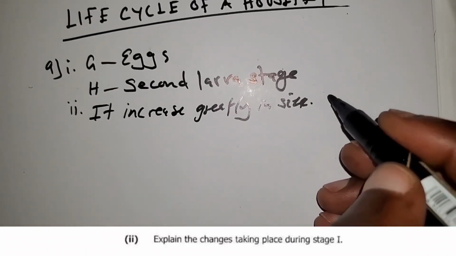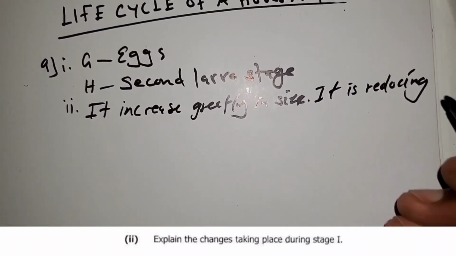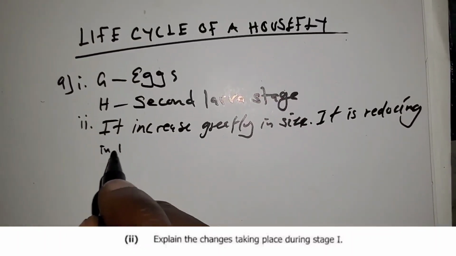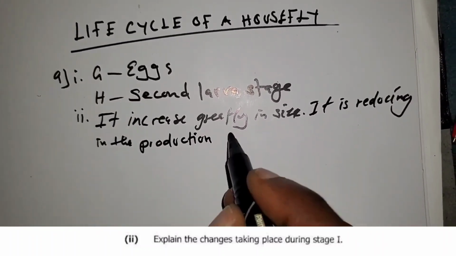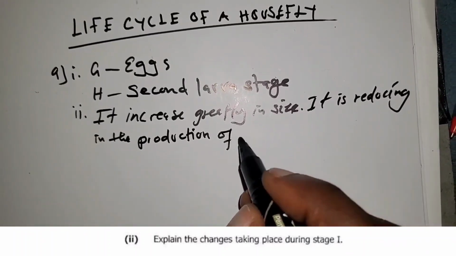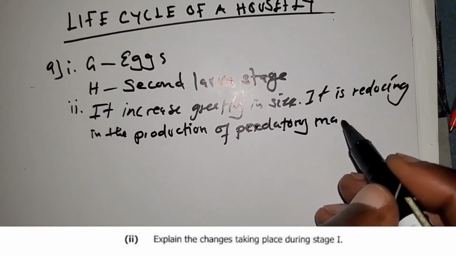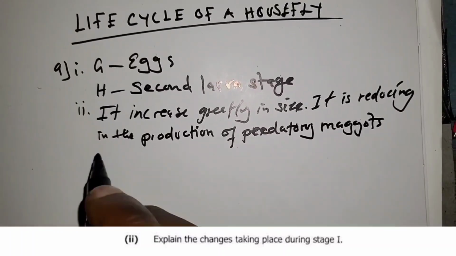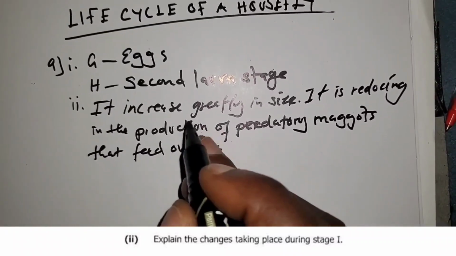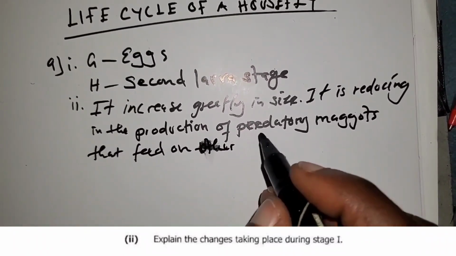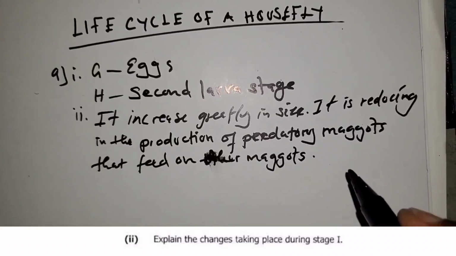Then the other change is that it is reducing in the production of predatory maggots that feed on other maggots. All right.